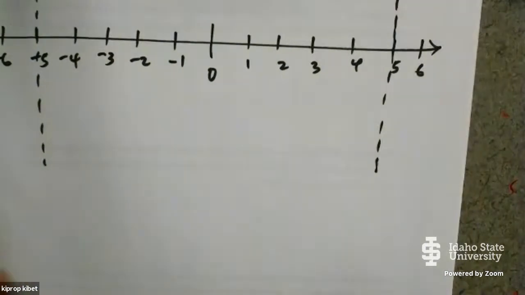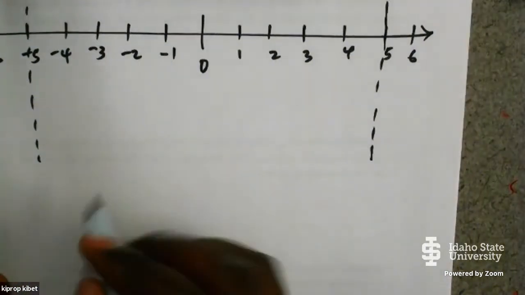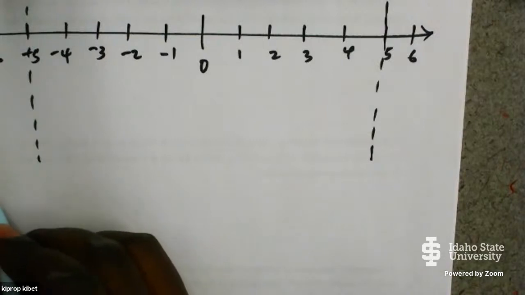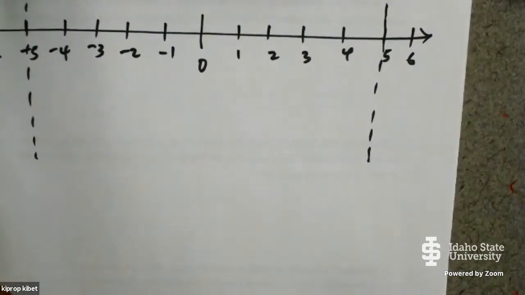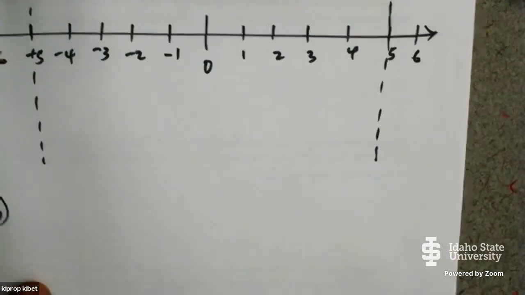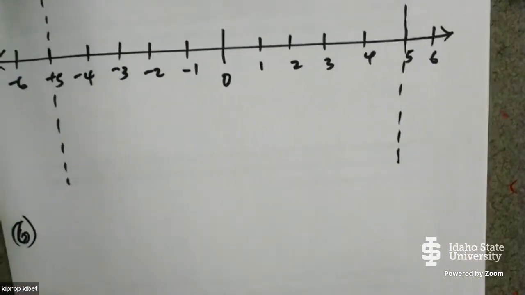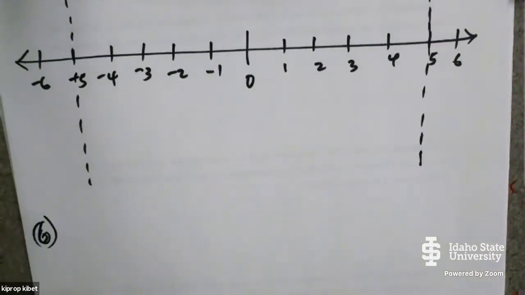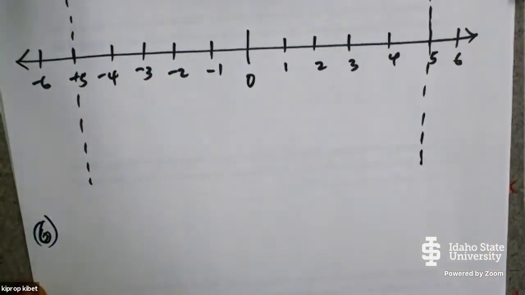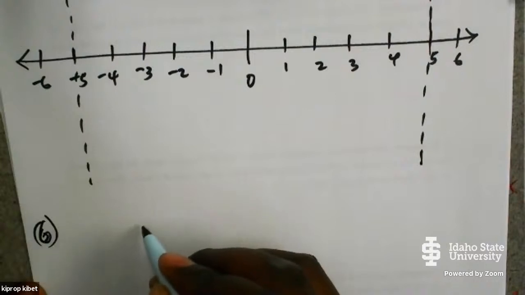Now, step number 6 is we use trial and error to check whether it will agree with our solution here.